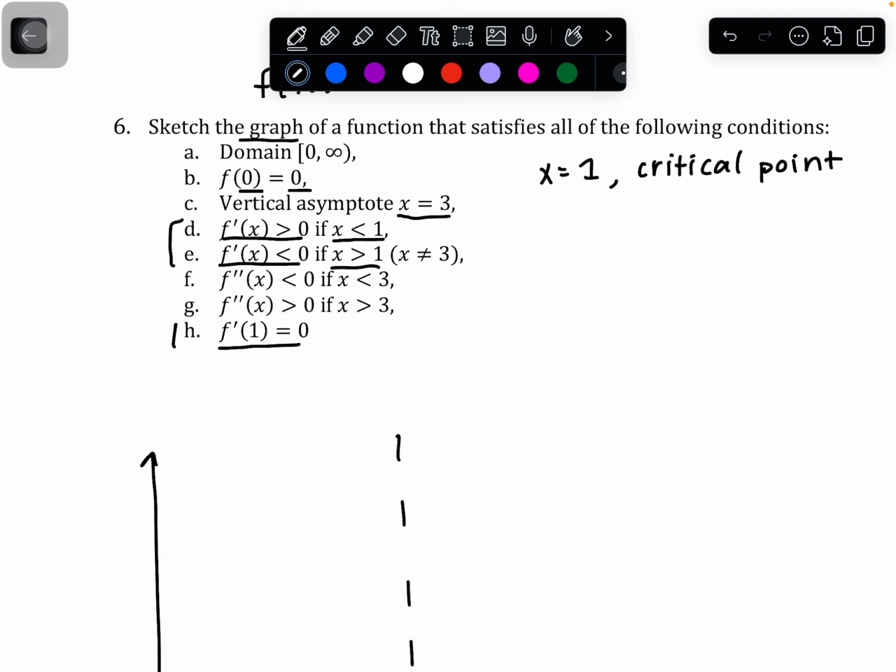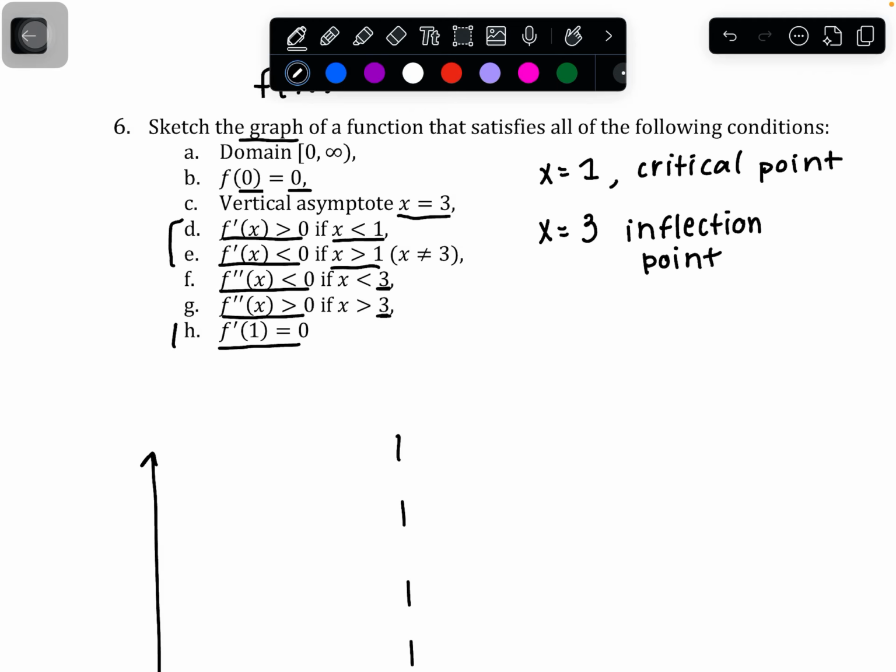Similarly, for F and G, I have my second derivative changing sign at x equals 3. So it looks like x equals 3 is going to be an inflection point.